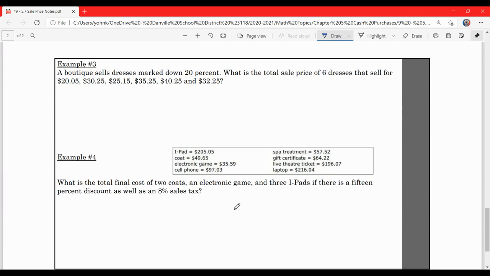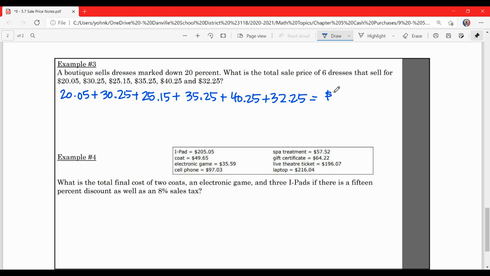Okay, example number 3, a boutique sells dresses marked down 20%. What is the total sales price of 6 dresses that sell for the prices shown? So I need to first find the total of all the dresses. So if I take each of the prices and add them together, that's going to give me a total of $183.20.